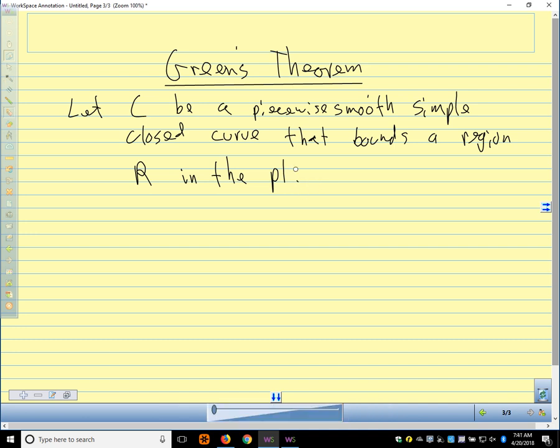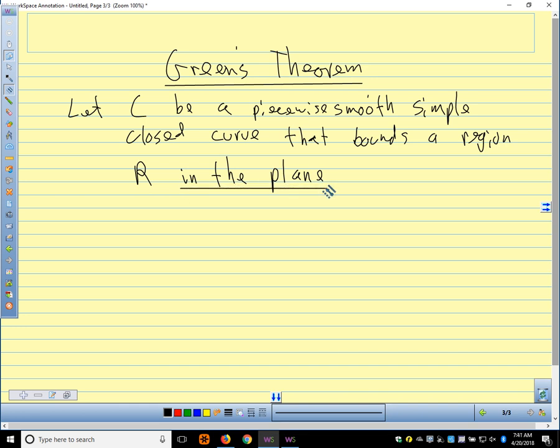And I'm going to emphasize that. Green's theorem holds in the plane. So one common mistake once we learn Green's theorem is students want to apply Green's theorem all the time. We can only apply Green's theorem in the plane. And we're going to say that M of x and y and N of x and y are continuous and have continuous first partials.